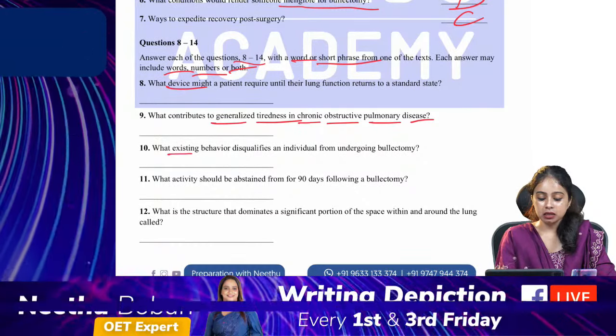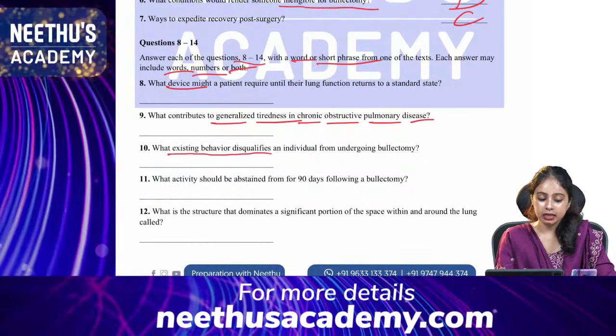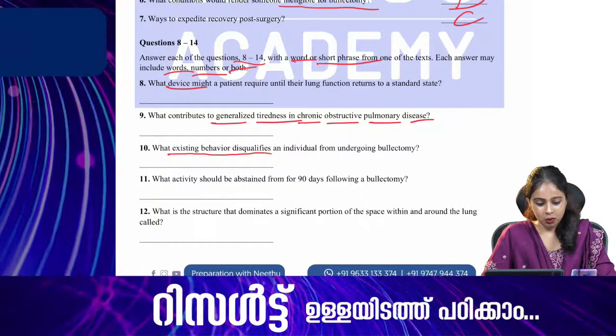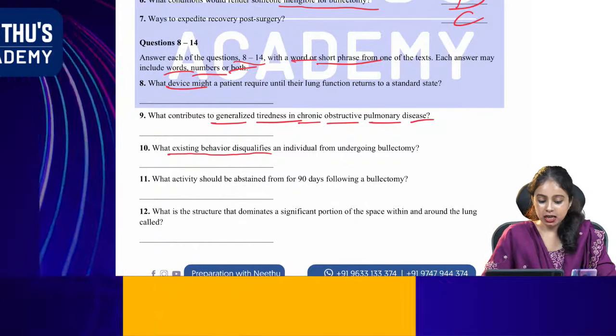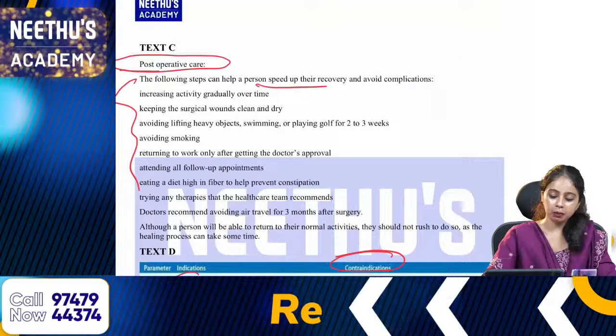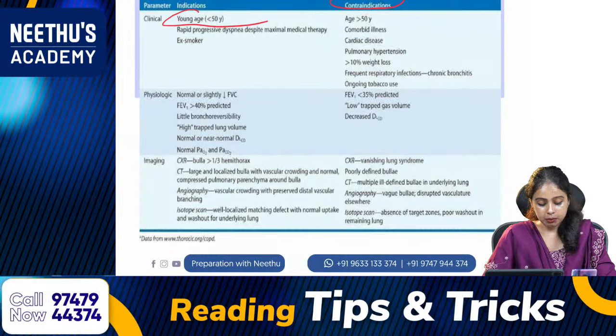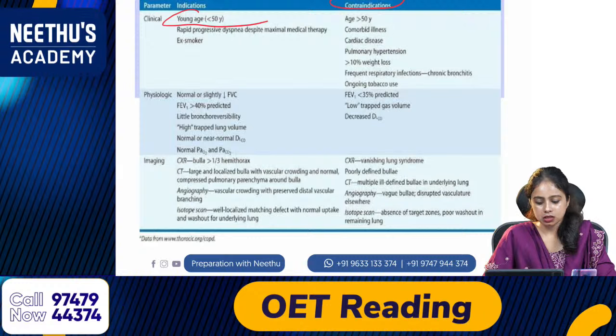Okay. Existing behavior disqualifies. Is that air travel? Christina? Okay, can you take text D? Please take text D, the table. Anything mentioned there about contraindications?